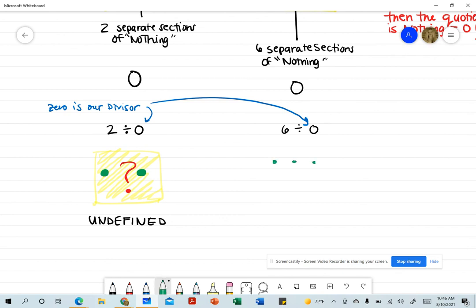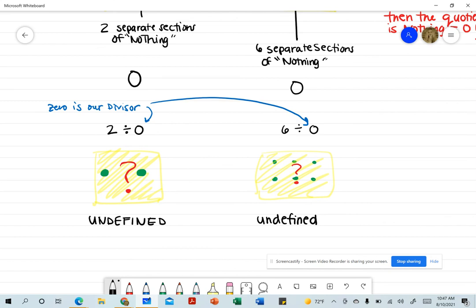Let's try to divide it by this. Again, I'm getting no groupings. All I'm getting is a yellow box over 6 positives. What the heck does that entail? Again, confusion. So what is my answer? Again, it's not definable, so it's called undefined.